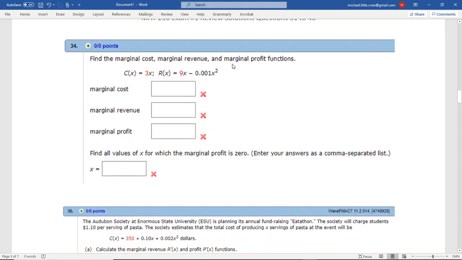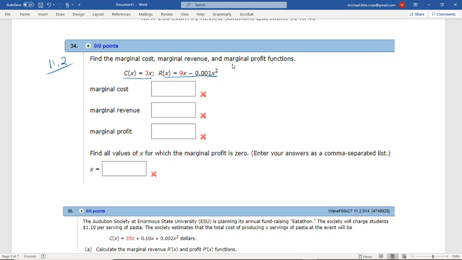Okay, now we get into our marginals. So this is going to be like, what was this? This was 11.2, right? So everything else was 11.1. Find the marginal cost, marginal revenue, and marginal profit. So marginal cost, so we're given the cost function, here's the revenue function.